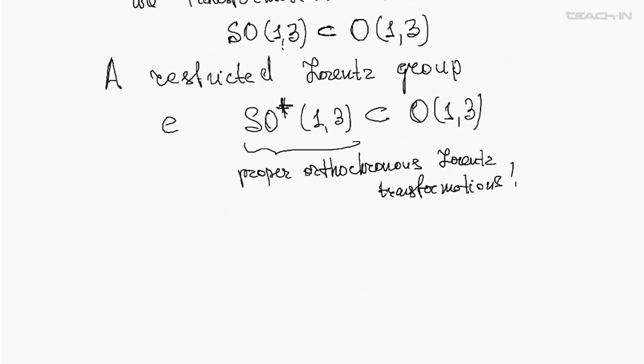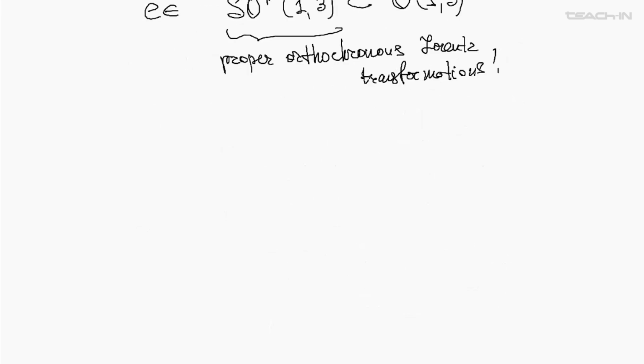And now I can draw the picture of what the Lorentz group looks like topologically. So first, we have a component which consists of all Lorentz transformations which have lambda 0, 0 bigger or equal to 1, and which have determinant of lambda equal to 1.